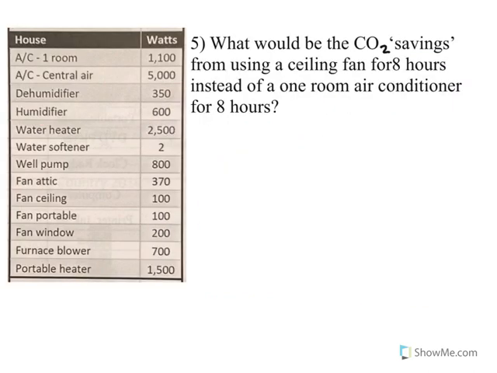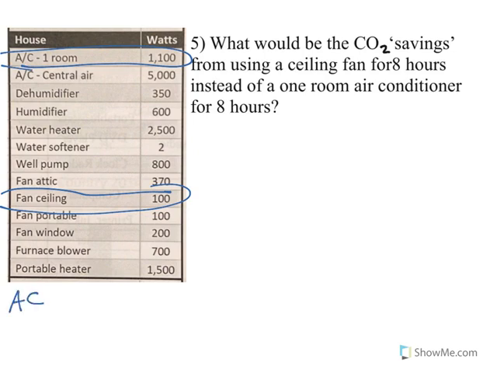What would be the CO2 savings from using a ceiling fan for 8 hours instead of a one-room air conditioner for 8 hours? Now you've got two different ways you can go about this. We are comparing a fan that's in the ceiling, which is 100 watts, and a one-room air conditioner.